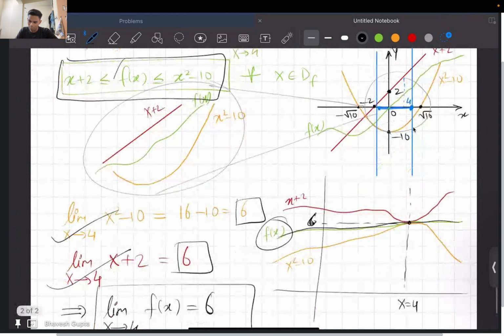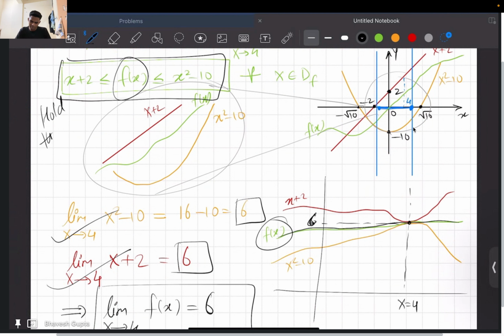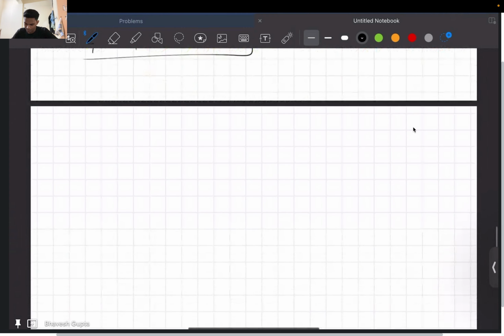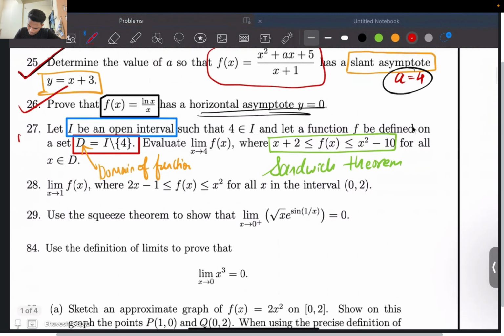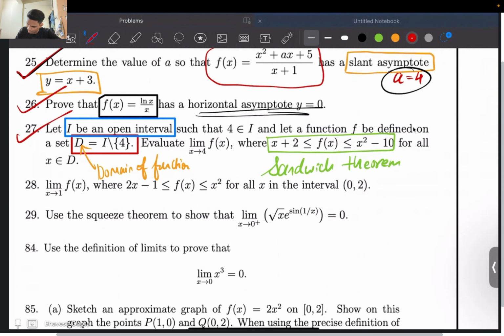So the function has to pass through that limiting value as well, because this was true for all the values of the domain of the function. That was the idea here. So the answer turns out to be 6 in this case.